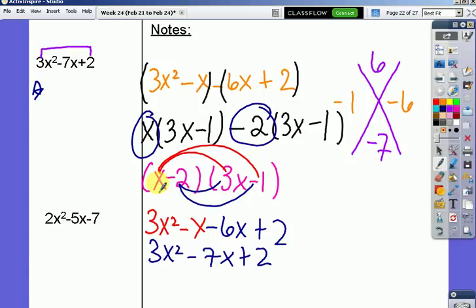Because x times 3x is 3x squared. Yeah. X times -1 is negative x. -2 times 3x is -6x. -2 times -1 is +2. Yeah? Okay.